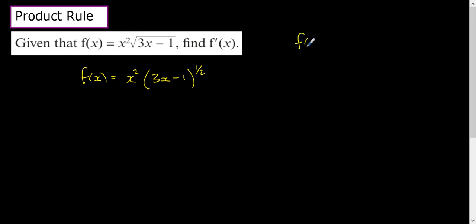So we're basically saying that f of x is the function u multiplied by the function v, where u equals the x squared part, and v equals 3x minus 1 to the power of a half. So these are our two functions, u and v, multiplied together to make the function f of x.